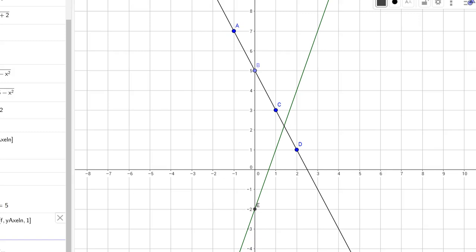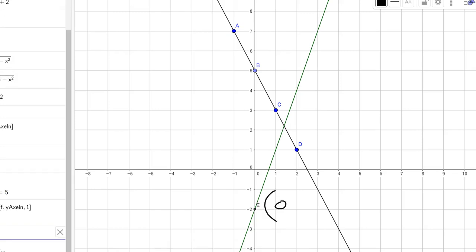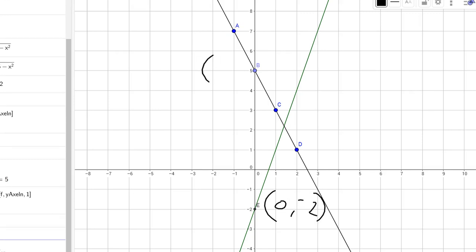That means when x is equal to 0, then y is equal to b. So the coordinate of this is 0 and negative 2. And the coordinate of this point is 0 and 5.